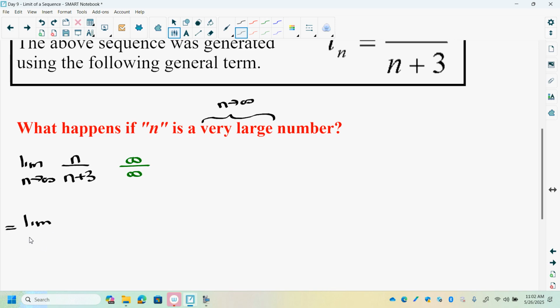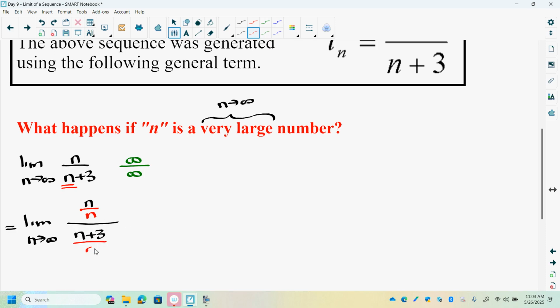I would divide everything by the highest power of n that's present in the denominator, just like I did in my opening example. What is the highest power of n in the denominator? n to the first. So I'm going to divide the numerator and the denominator by n to the first.